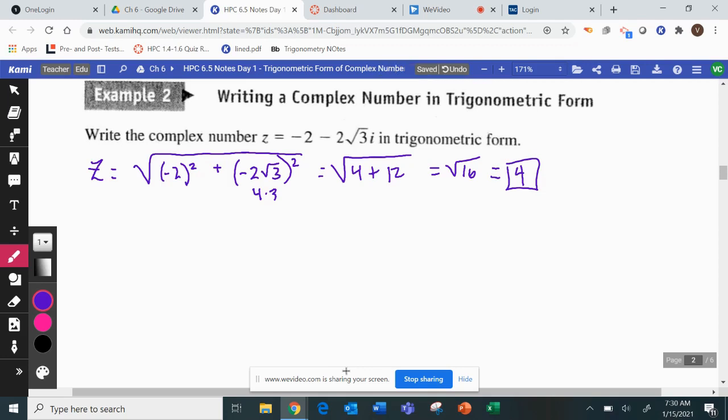And then we need to find theta. To find theta, we're going to use tangent. So we're going to do b over a, which is negative 2 square root 3 over negative 2, just square root 3.